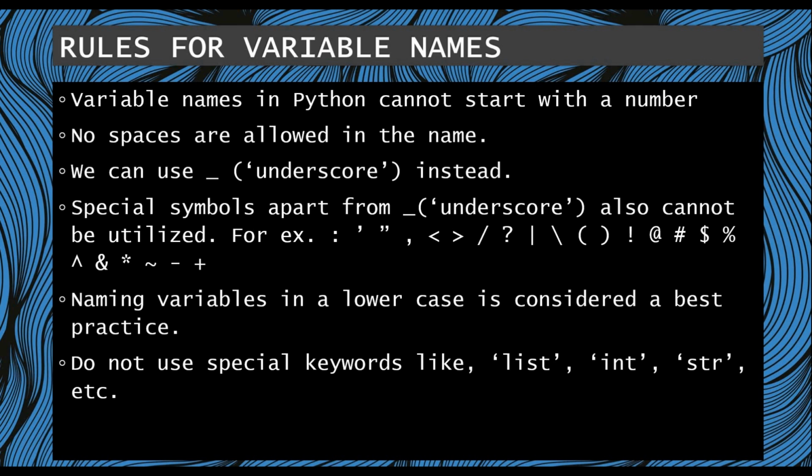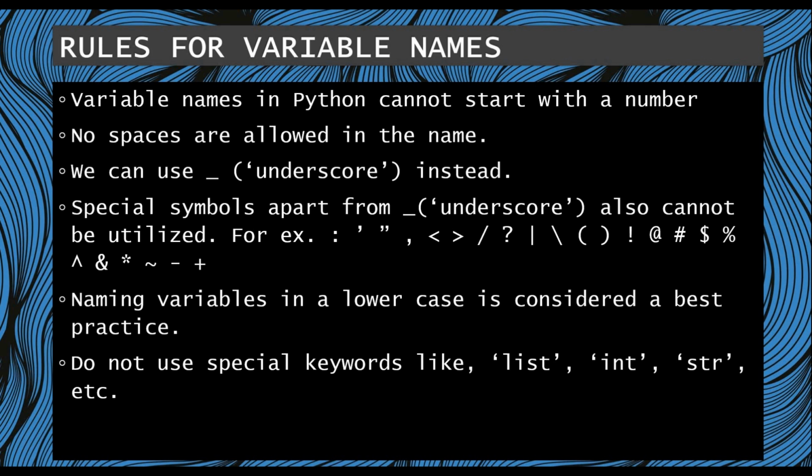This is also one of the advantages of using Python, that it can easily be utilized in conjunction with other programming languages that we use. So it is a best practice that we do not name a variable in uppercase. Naming a variable in lowercase is considered a best practice.